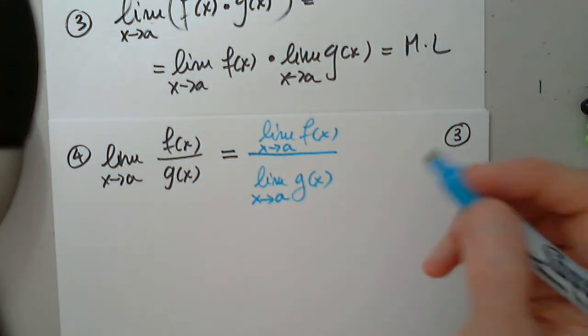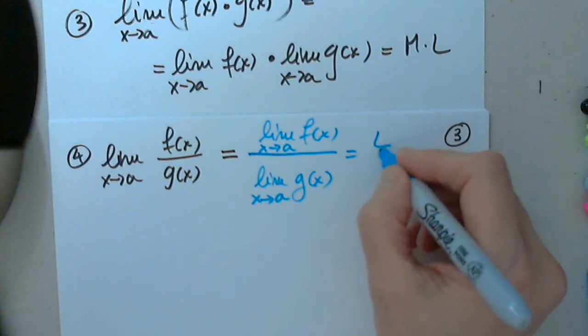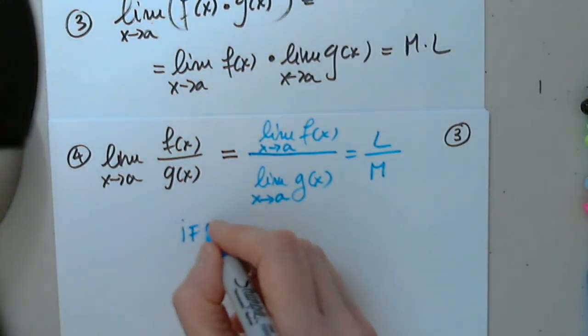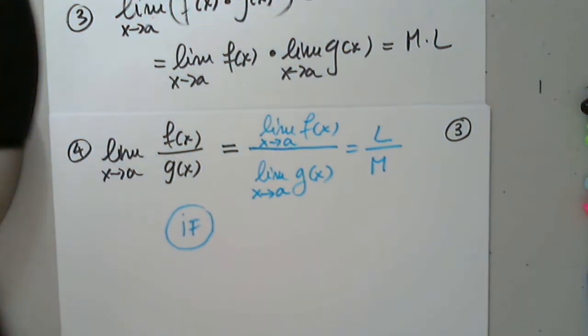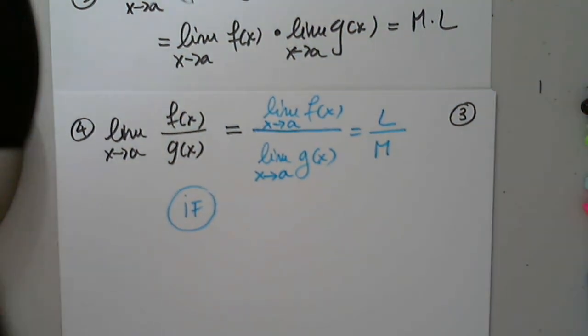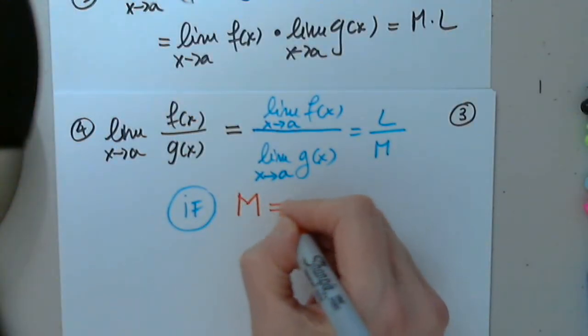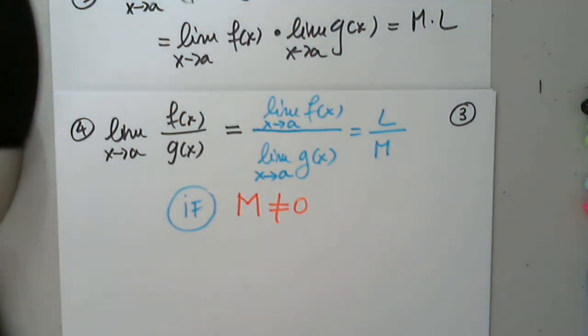Makes sense. Very good. Of course, this will be L divided by M, but here I did not have a big if, and here I have a big if. What is the big if here? If the limit of g of x as x approaches a doesn't equal 0. Absolutely. Thank you very much. That's it.